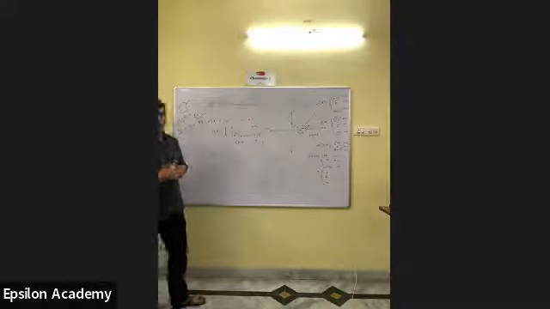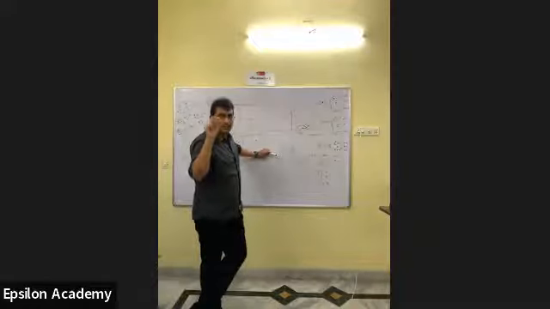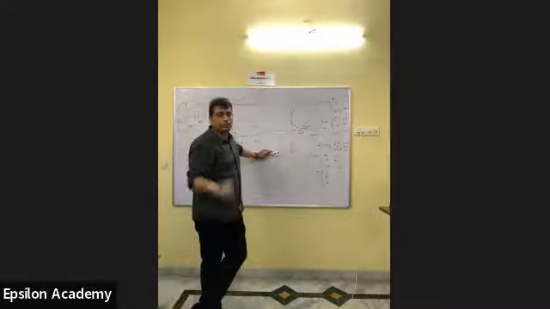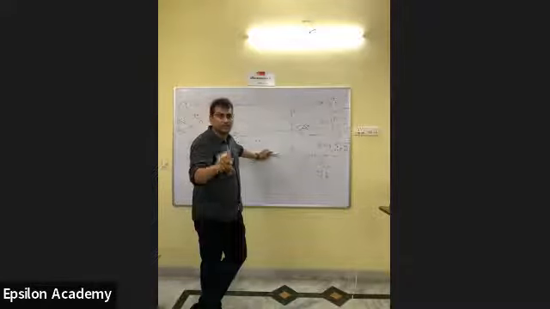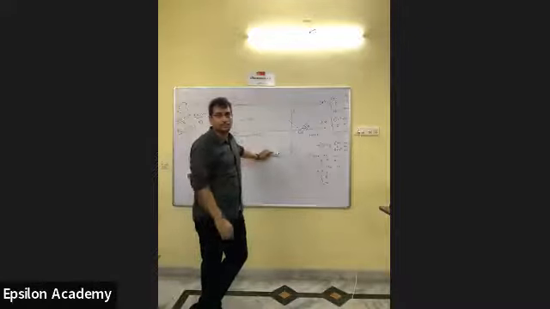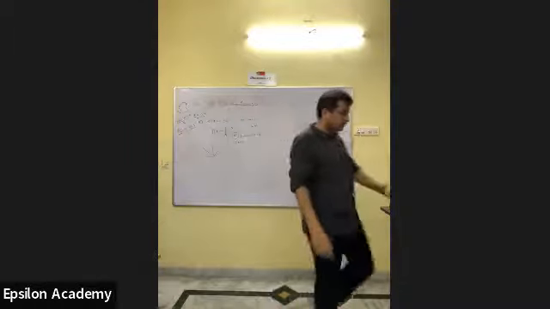Is it clear? Now you understood the meaning of differentiability: when you say the given function is differentiable at a point, you can draw only one tangent at that point. That's the meaning of it. If you can draw more than one tangent to the same curve at the same point, then it is not said to be differentiable. So if you want to know the meaning of differentiability, write it down.